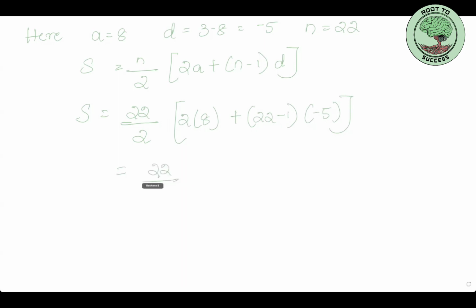22 divided by 2. 2 into 8 will be 16, and 22 minus 1 will be 21, and minus 5 will be the same.